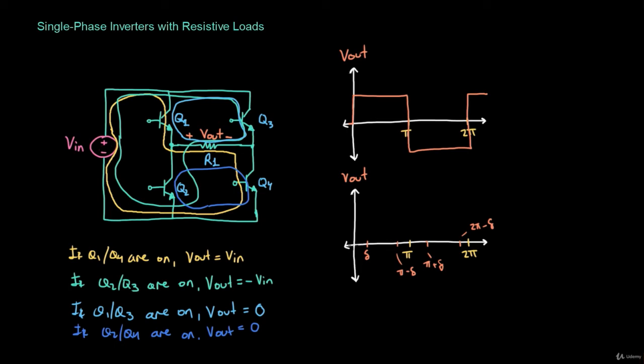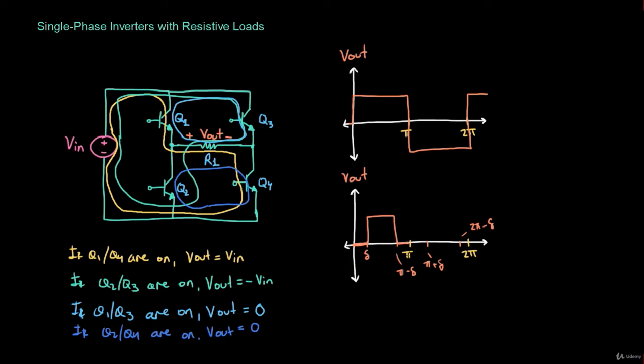So then the output voltage here would look like this. It would be 0. Then we're going to switch Q1 and Q4 on. So the output voltage is going to be the same as the input voltage. Then back to 0. And from pi minus delta to pi, we're going to switch again the top 2 transistors on. So it's going to be 0 again.